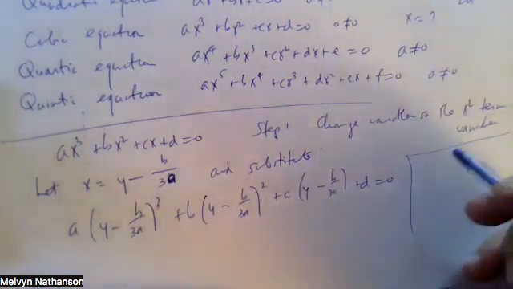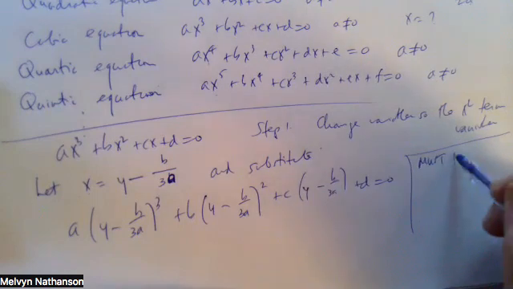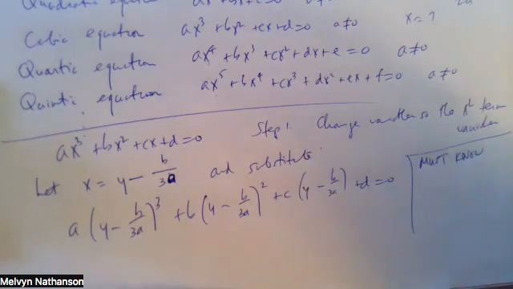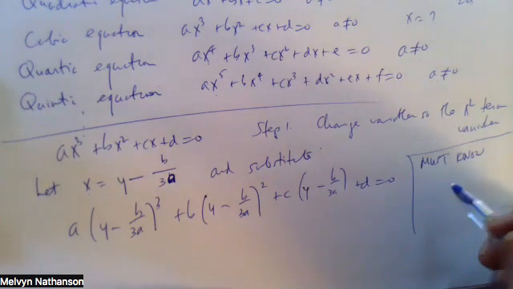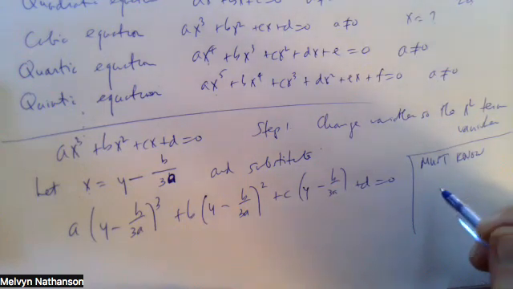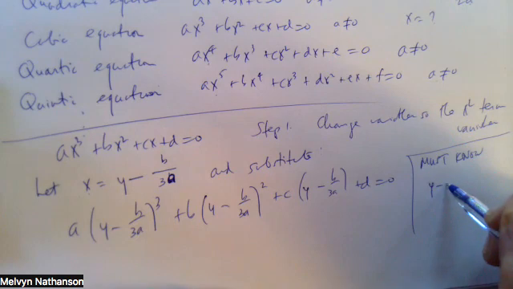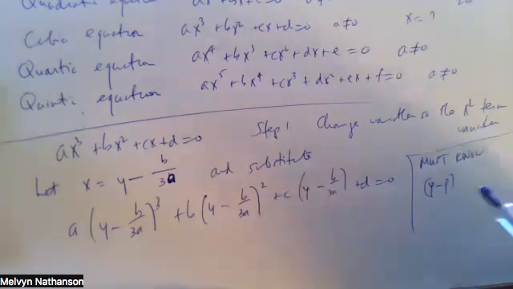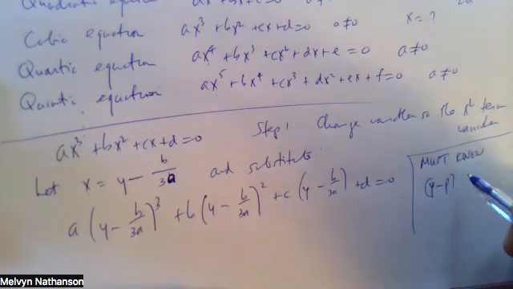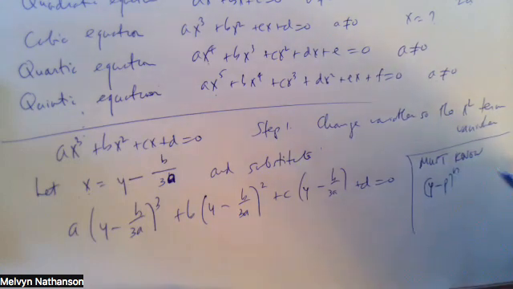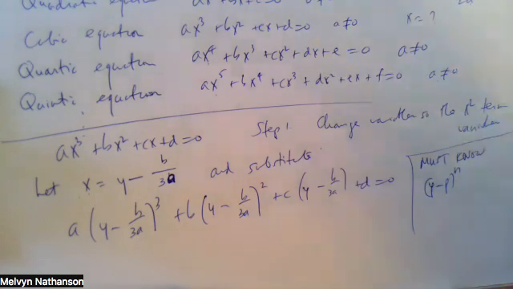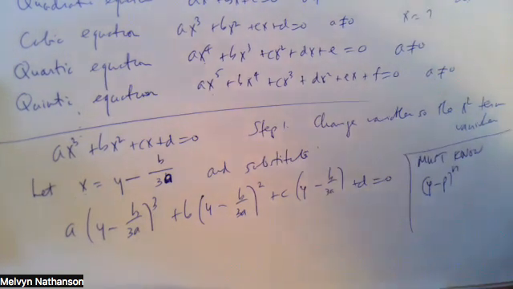Now, what you have to know is, if you take, let's say, y minus some number p, and raise it to any power, suppose you raise it to the nth power, what do you get when you expand this?